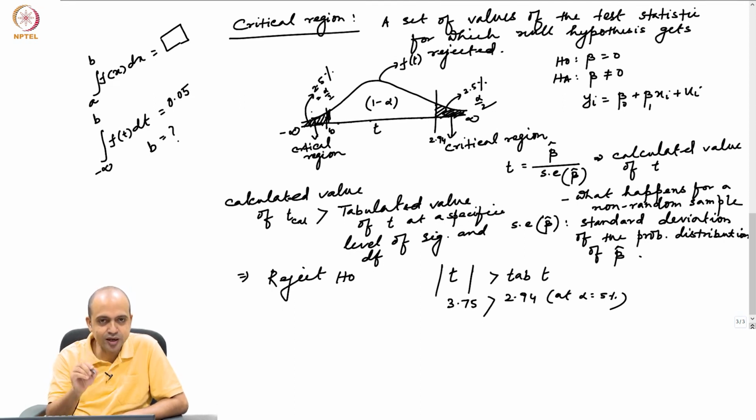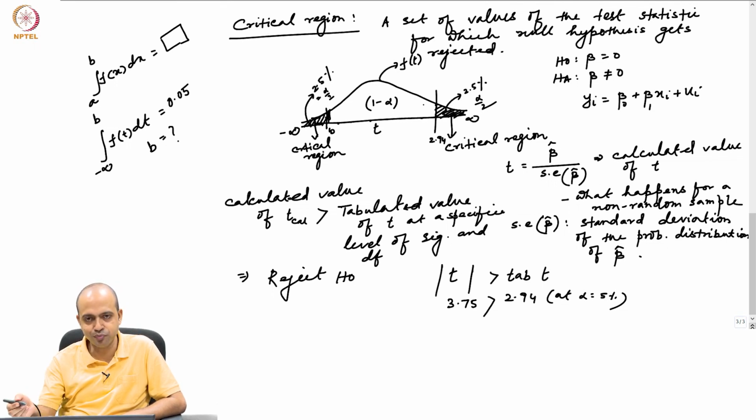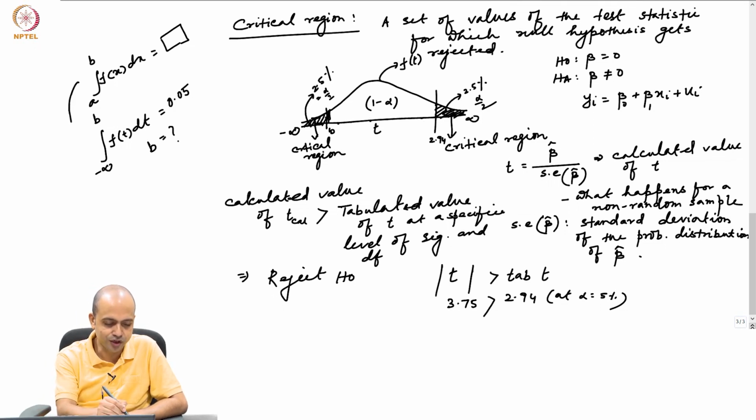That is the idea followed by the statisticians, and you get several values of t the moment you specify the area. Instead of 5%, you can make it 10%, you can make it 1%, you can make it 4%, and immediately you will get a value if you do the procedure of reverse integration.